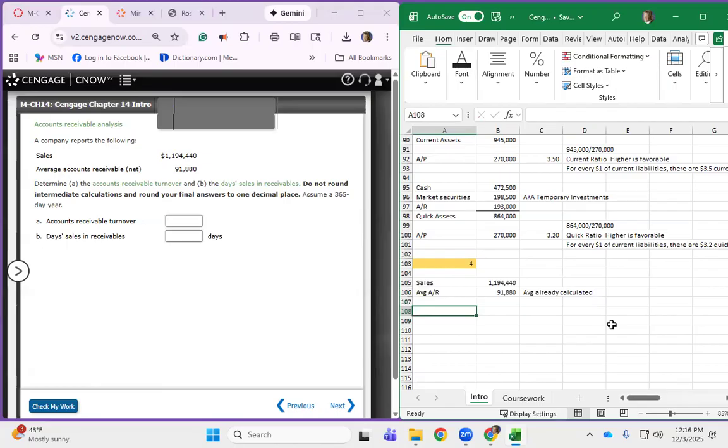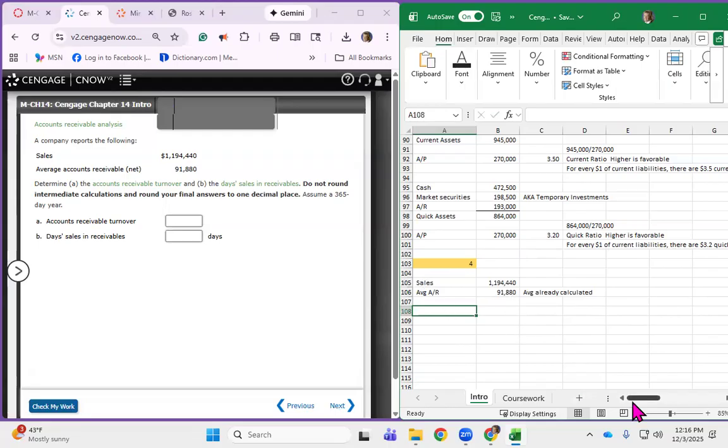So then accounts receivable turnover. We also have a measure called days, number of days sales in receivables. Accounts receivable turnover is a number, okay? It's a number.